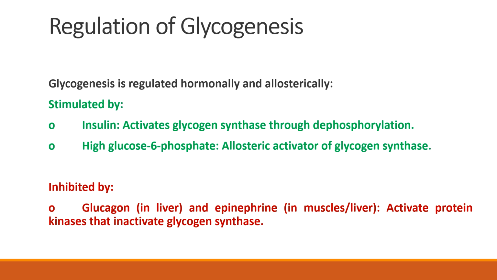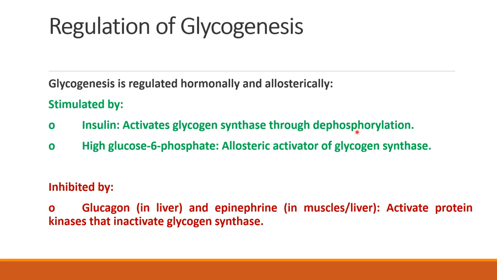Regulation of glycogenesis. We all know that glycogenesis is regulated by hormones as well as by allosterically regulated enzymes. First is stimulation. The glycogenesis pathway is stimulated by the hormone insulin, wherein insulin activates glycogen synthase through dephosphorylation.